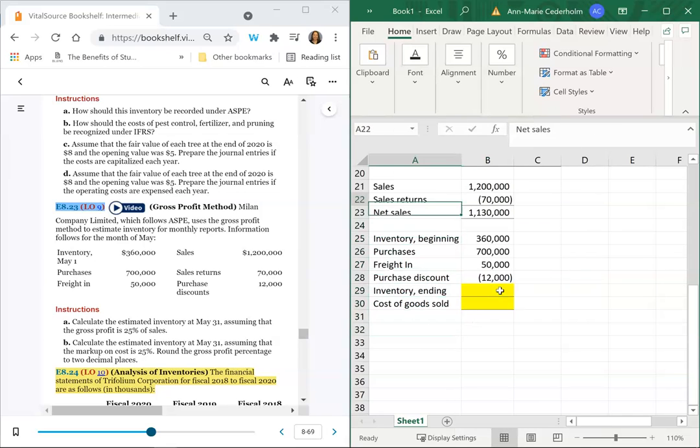I know that net sales minus cost of goods sold equals my gross profit. They don't tell me my gross profit either, but they tell me my gross profit is 25% of sales.